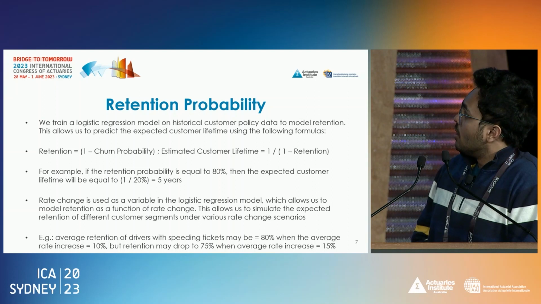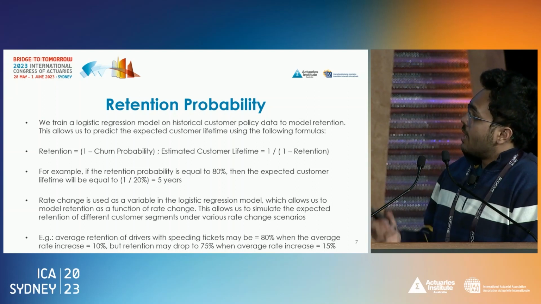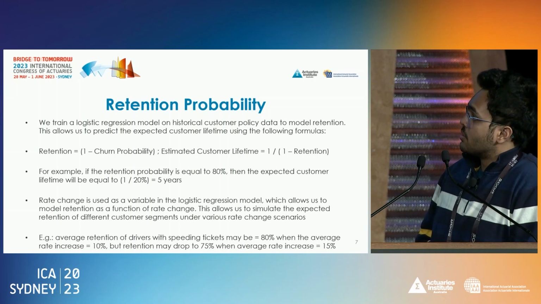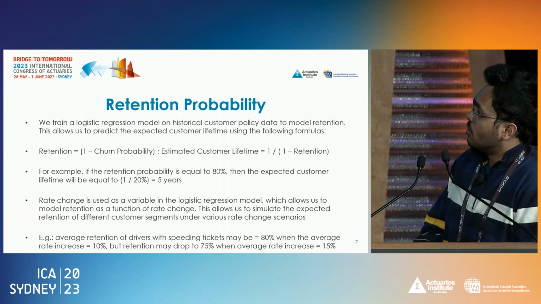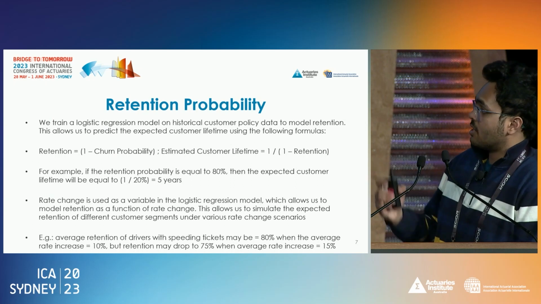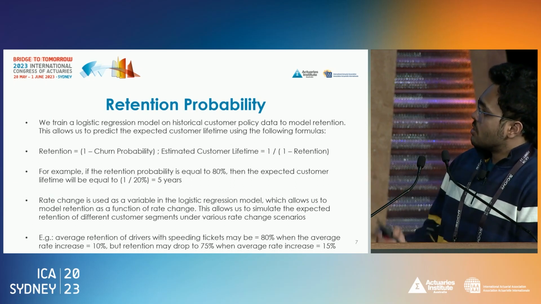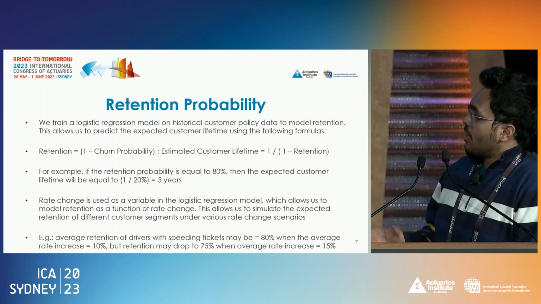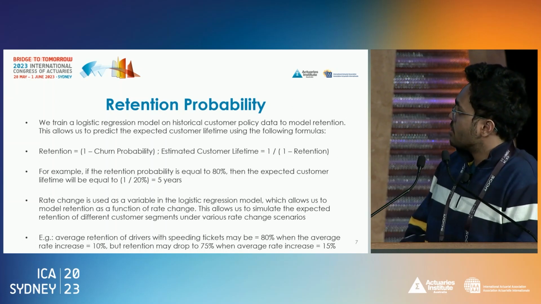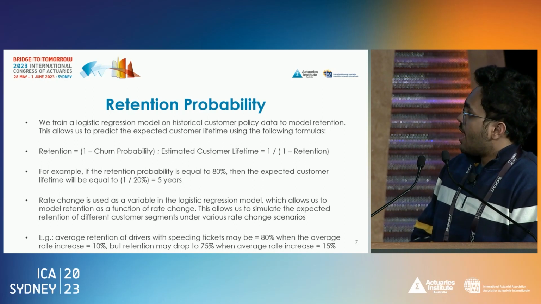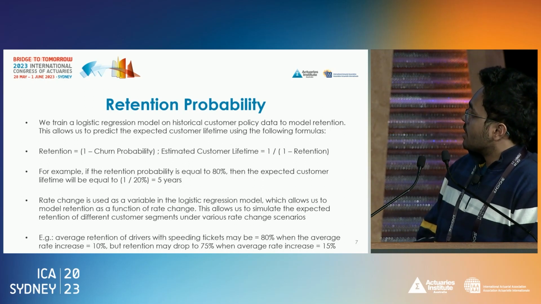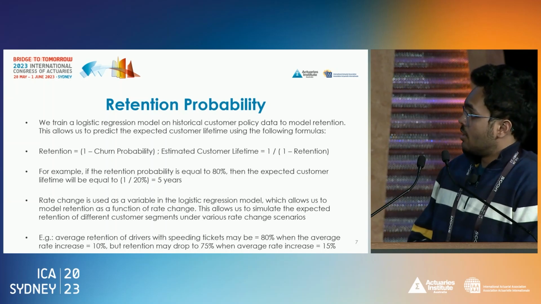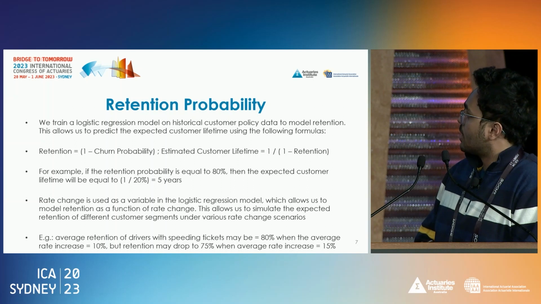One of the important variables that helps make this model more accurate is using rate change and interacting the rate change with different customer segments, which allows us to find how different customer segments interact with rate change. So for example, in my research, I found that the average retention of drivers with speeding tickets may be equal to 80% when the rate increase is lower, in the range of 10%.